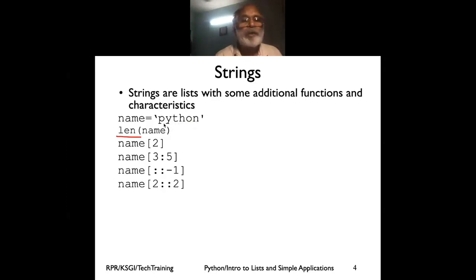And name[2::2], what will this give me? Remember, it is double colon. Starting from 2, alternate, every second character.